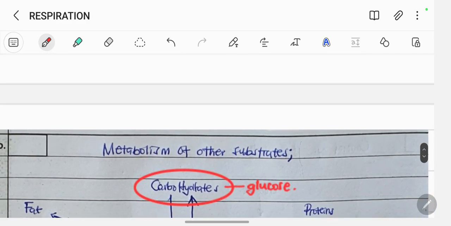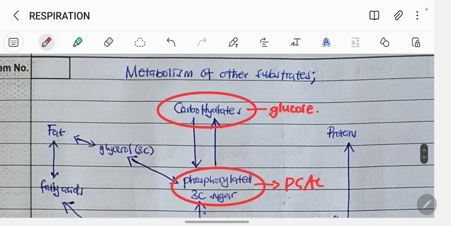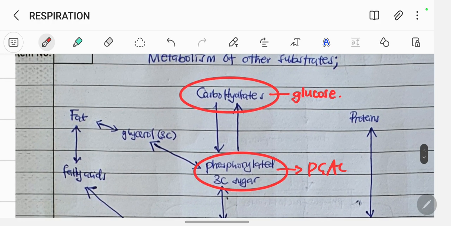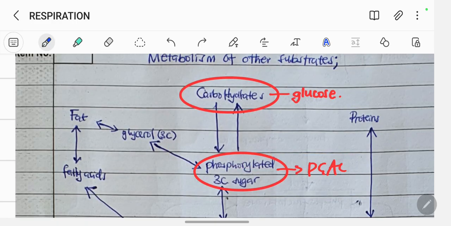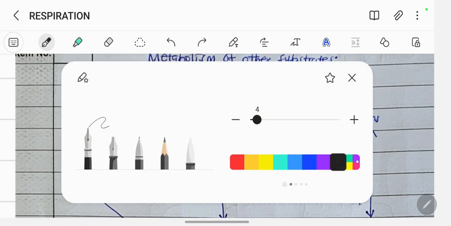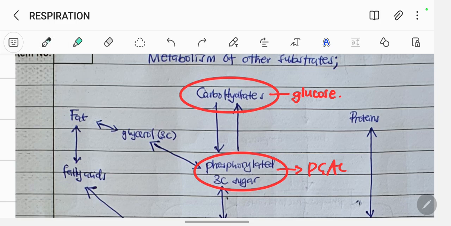So, if your carbohydrates are done in the body, what happens? You resort to your fat storage, your adipose tissue. You start breaking down your fat into glycerol.